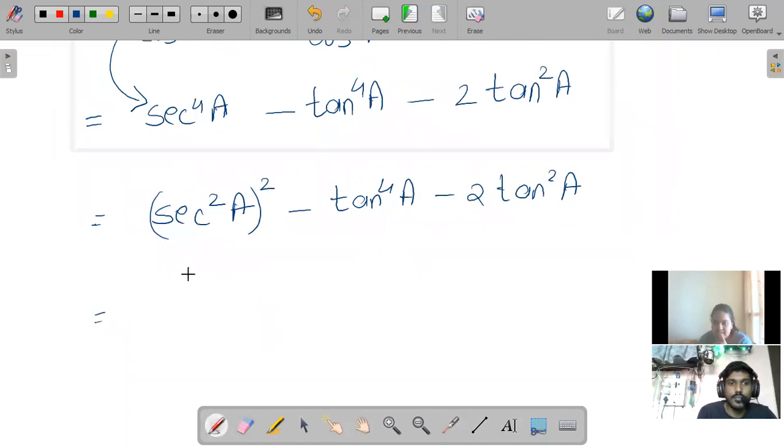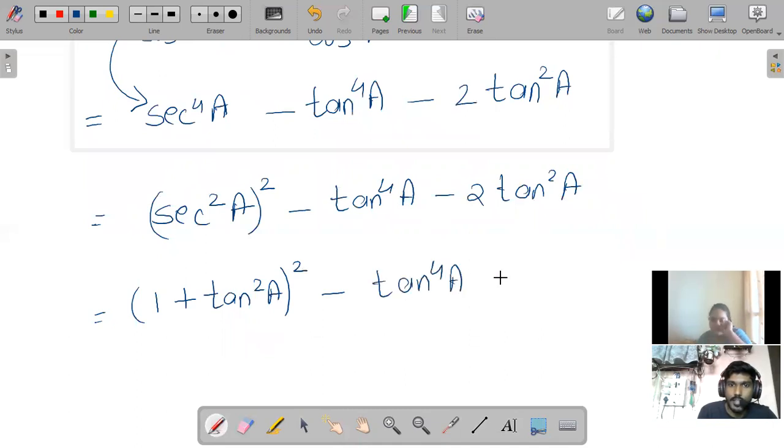So now here in place of sec square a, use the identity. Sec square a is 1 plus tan square a the whole square, minus tan raised to 4a, minus 2 tan square a as it is. Up to here, is it clear?